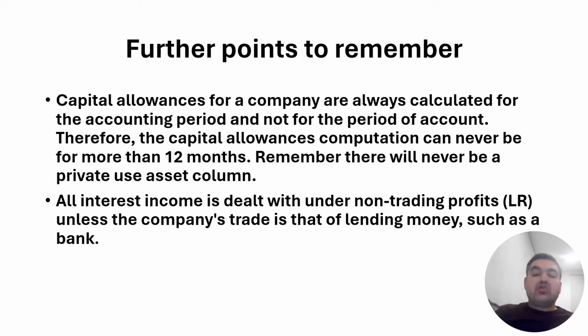So do not make a private usage column in the capital allowance calculation, because that will be a waste of time. Remember, the employee will be subject to income tax on the provision of such a car, so it does not affect your corporation tax in any form.